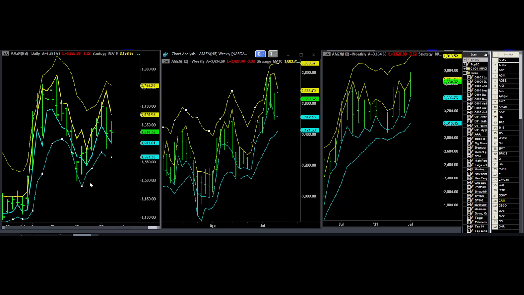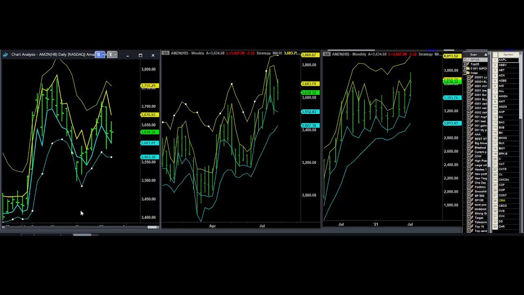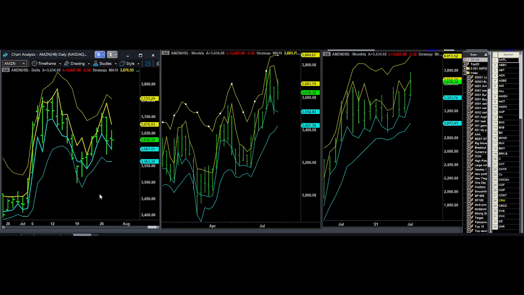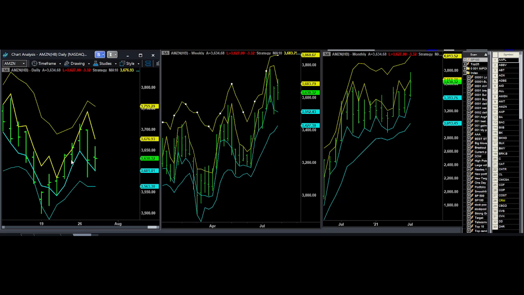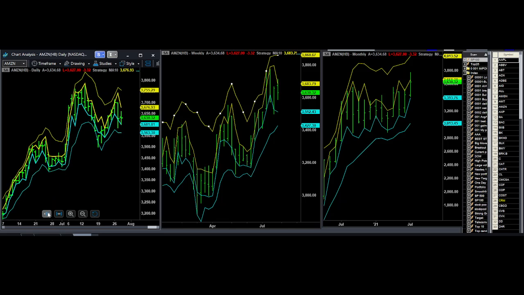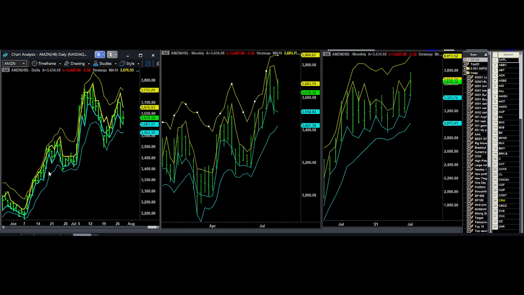If I zoom in a little bit more, you can see it's captured very well. Or you can see more data in a time frame. So you can see all this data is captured very well.